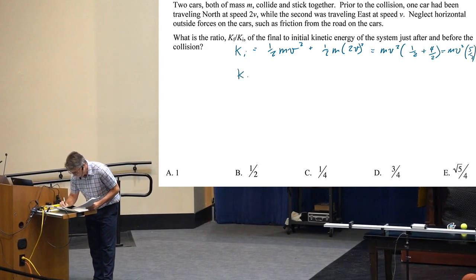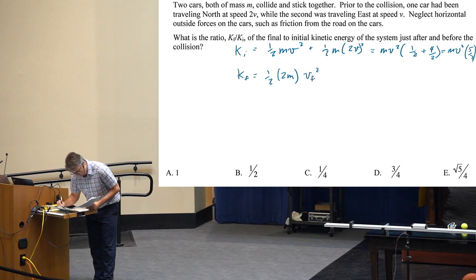And then K final is going to be 1/2 times 2m, because they're squished together, times the V final squared. And we already had that. It was 5 over 4, right? So it's just mv squared. The 2's cancel, I guess.